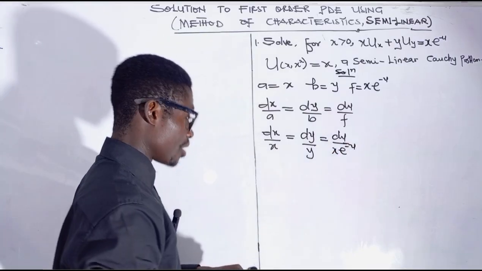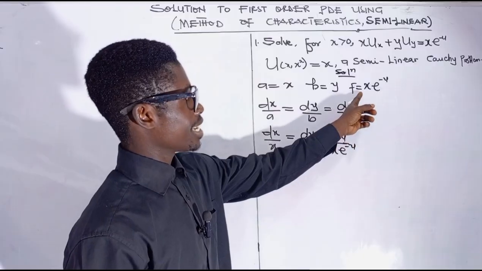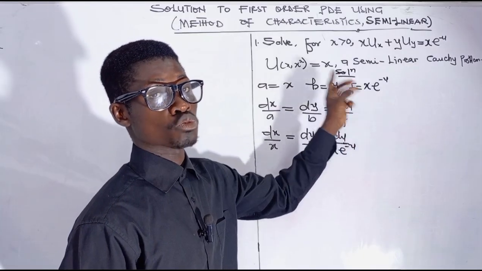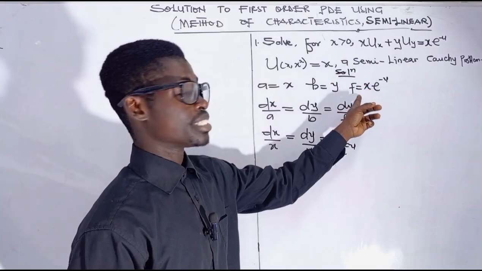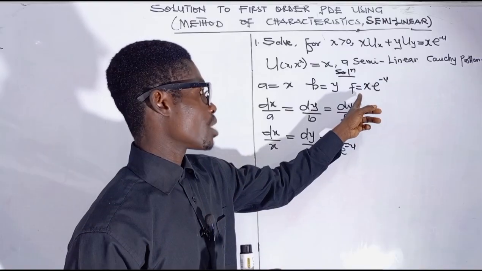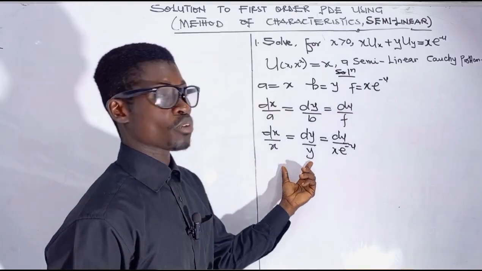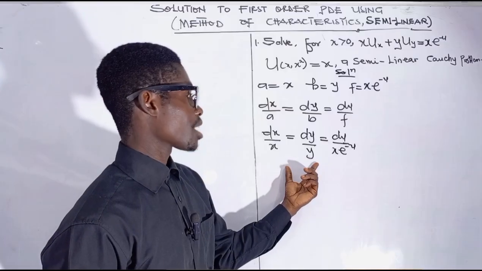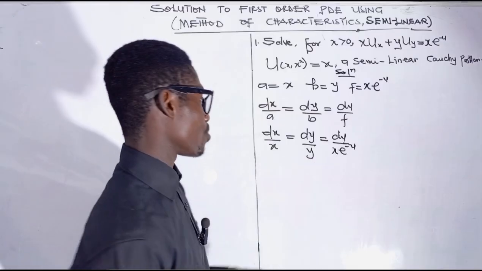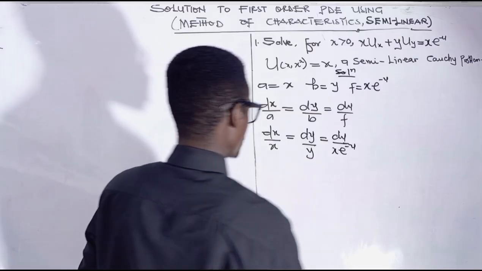So as I said earlier on, when f is 0, we form only one equation, but when f is not equal to 0, we form two equations. So it means that we are going to form two equations from this characteristics equation that we have formed. So we have our first equation.